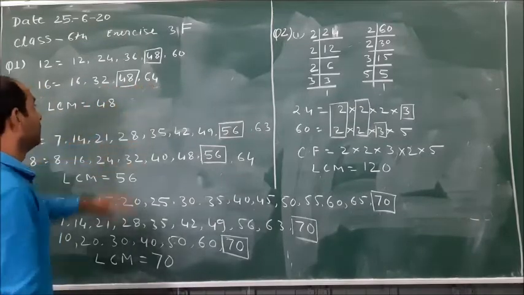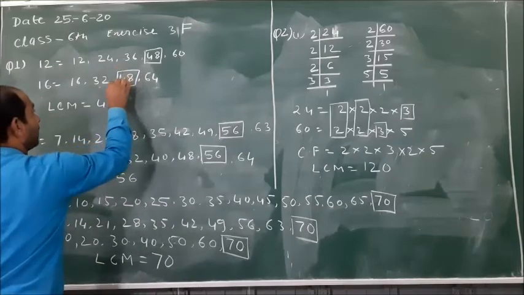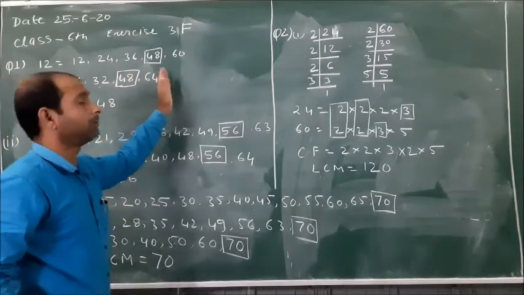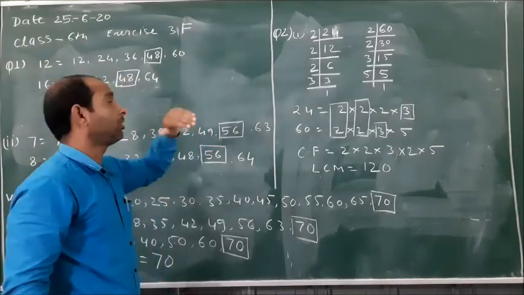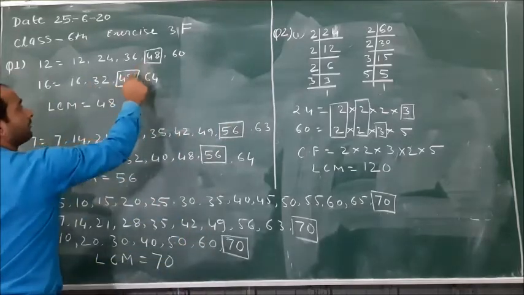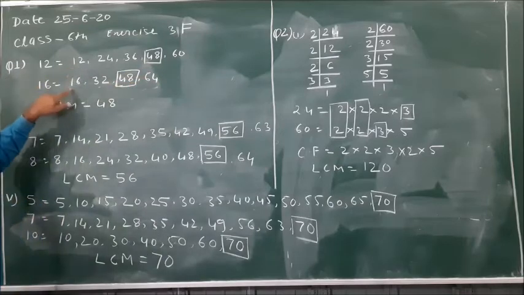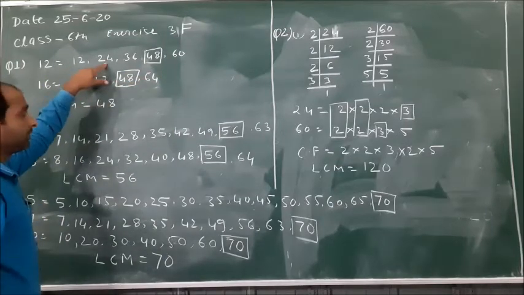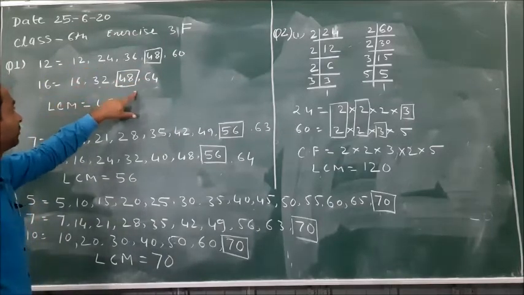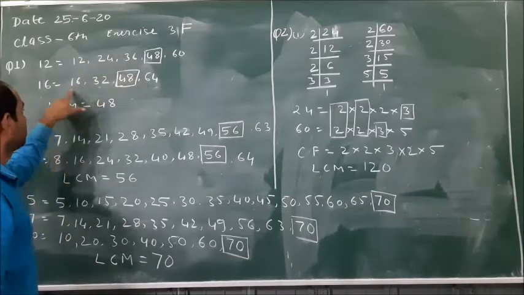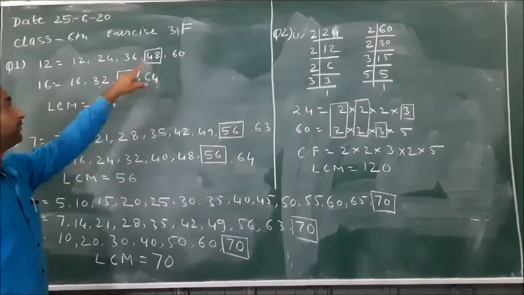But we will not find more multiples here. Why? Because we find the common factor here. First common factor. Here 12, but not here any 12. Here 24, but not here any 24. Here 36, but here not any. Here 36. 48.